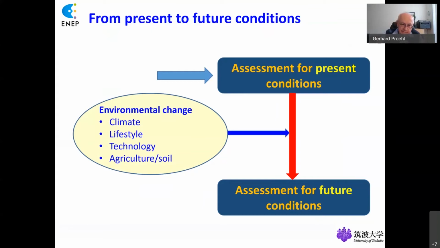Then the next step, we have the environmental change. Environmental change is driven by climate, lifestyle may be different, technology may change, and also the agricultural practice may change. These changes during the safety assessments are discussed and quantified to allow then an assessment for future conditions.